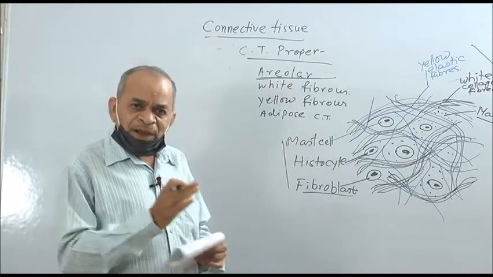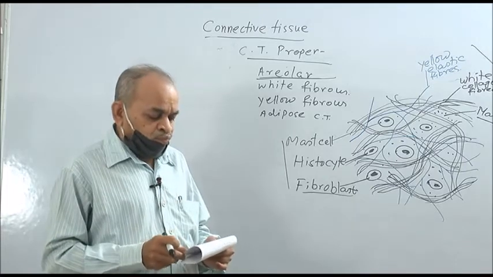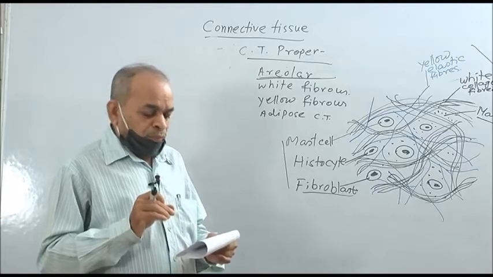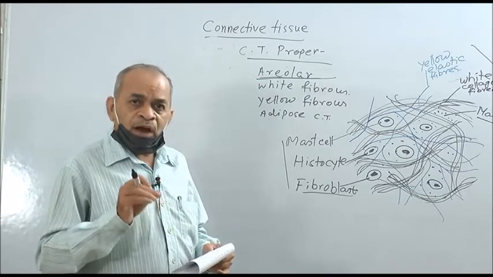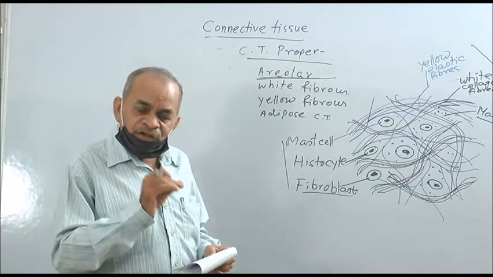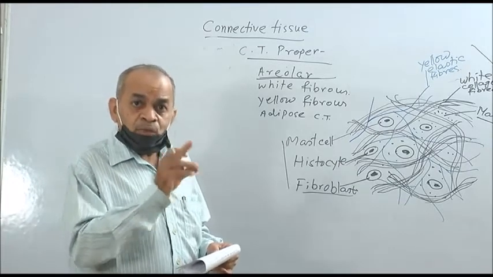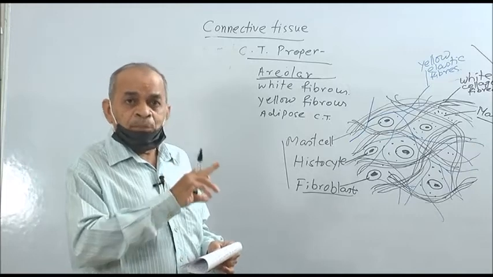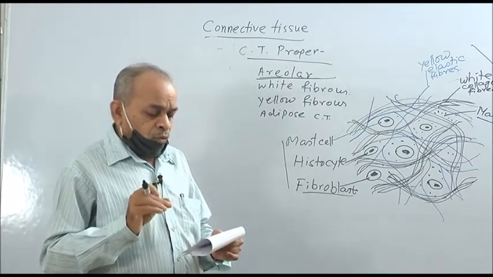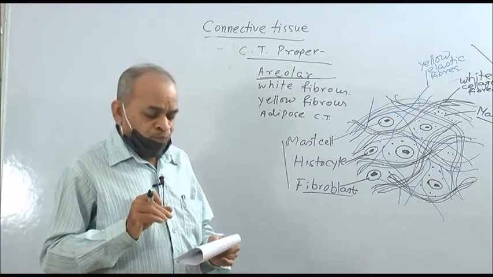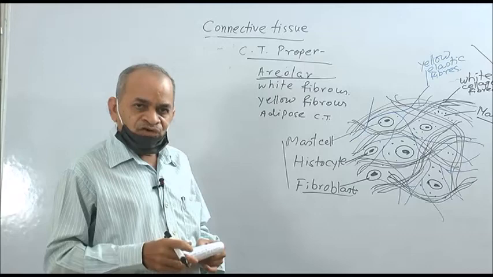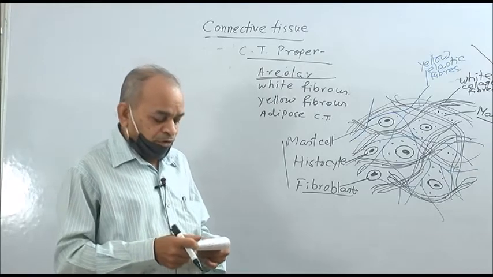It occurs in the peritoneum and mesenteries, and also in the Haversian canals present within the bone. We will discuss the Haversian canal when we discuss the bone. It also occurs around blood vessels and nerves. So that is areolar connective tissue.